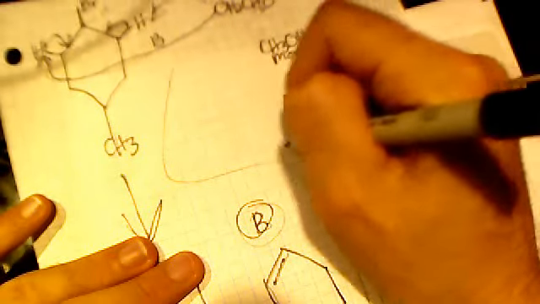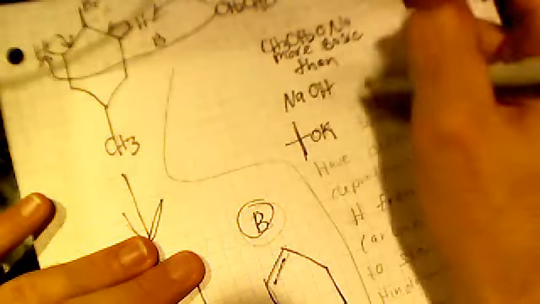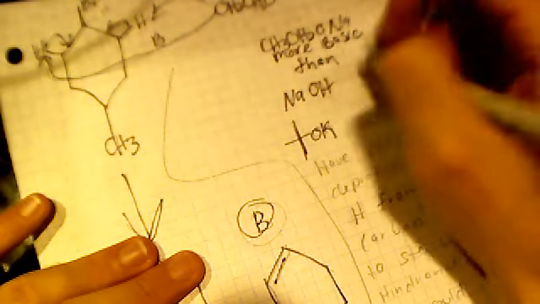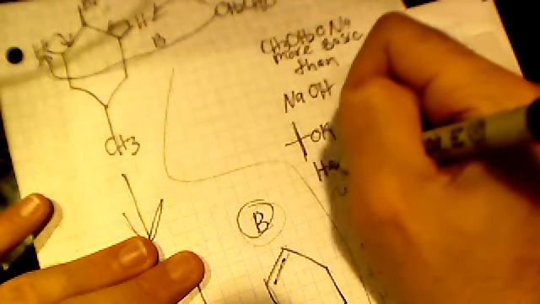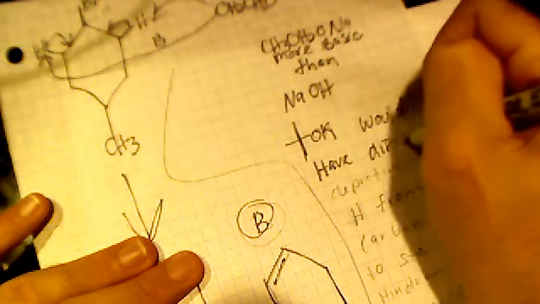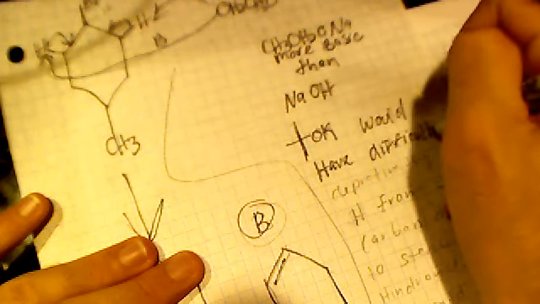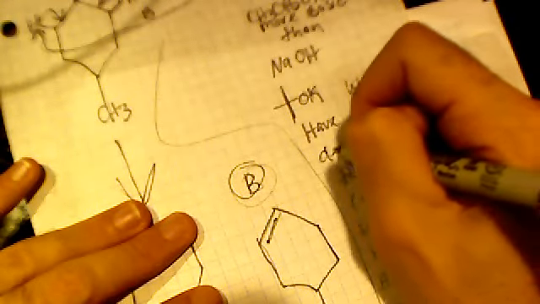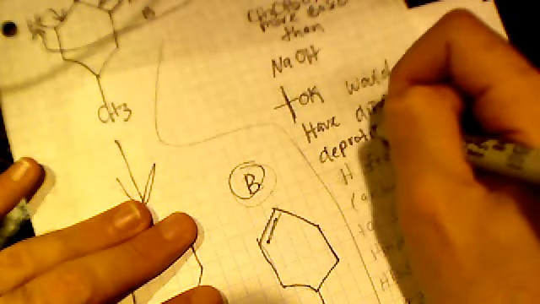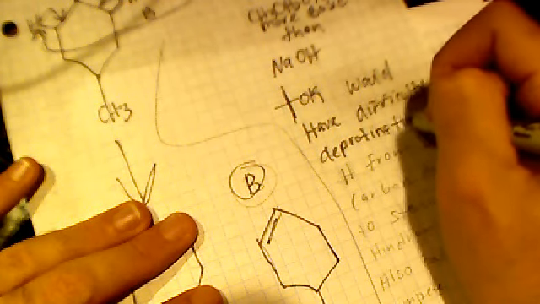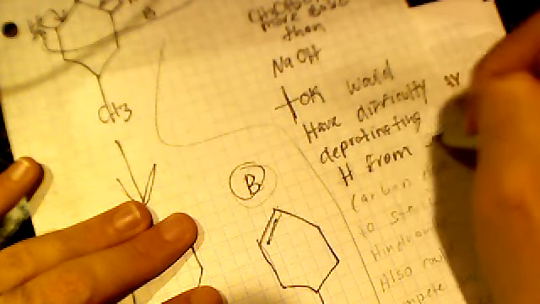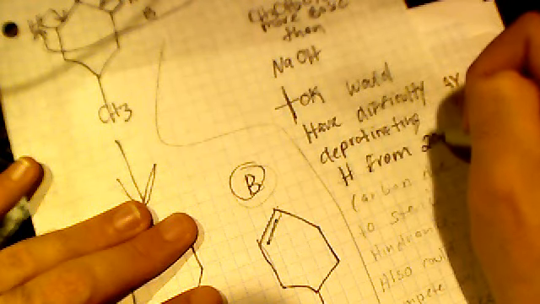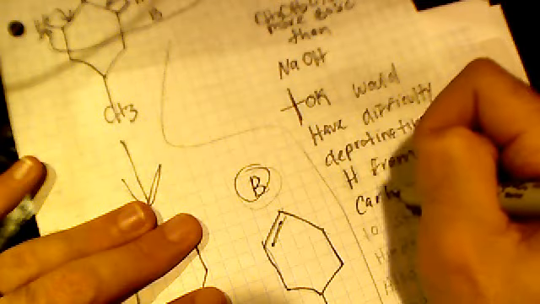And then potassium terbutoxide would have difficulty deprotonating the hydrogen from the second degree carbon, right?